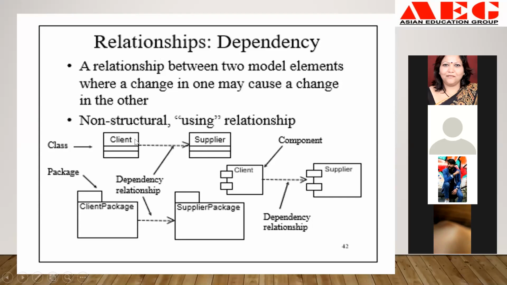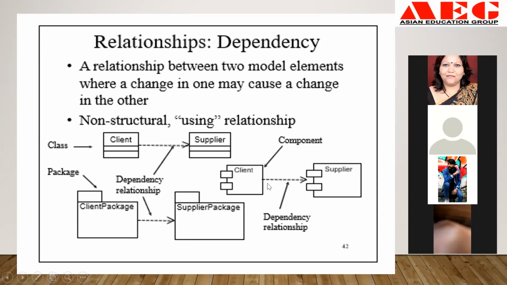The class is the client, and there is a relationship to the supplier. Then client package and supplier package. We had already seen the diagram of this package. So there is a dependency relationship. This arrow is showing the dependency relationship. So the client is dependent on the supplier.